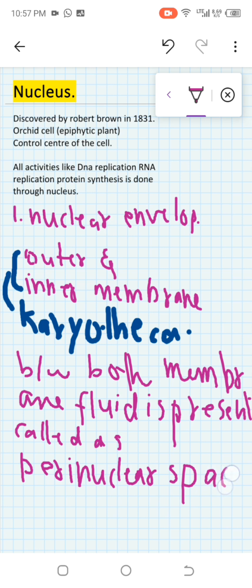Sorry, perinuclear space, which continues to the ER lumen. As we know, the outer membrane of the nucleus is continuous with the ER. So the filled portion present between both membranes, the perinuclear space, is also continued toward the ER lumen.